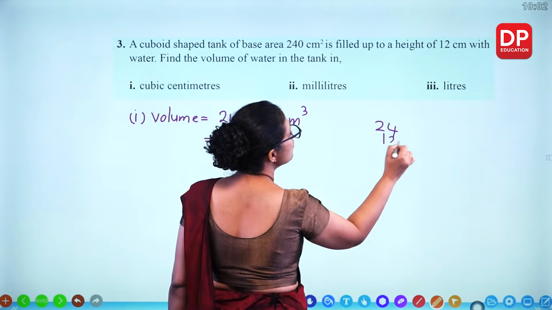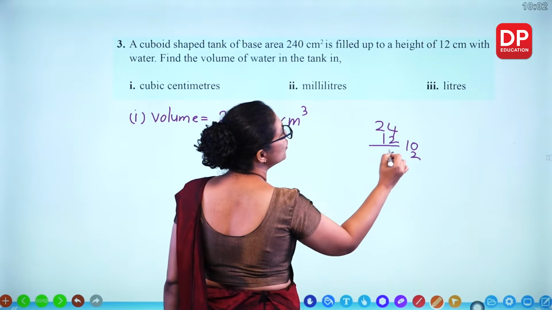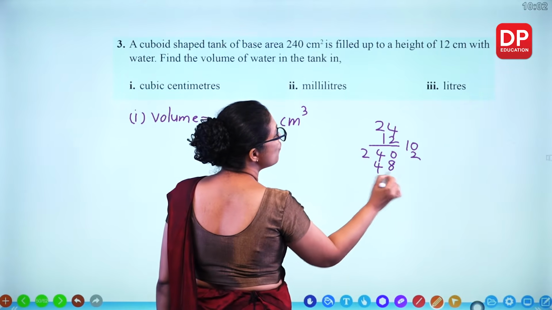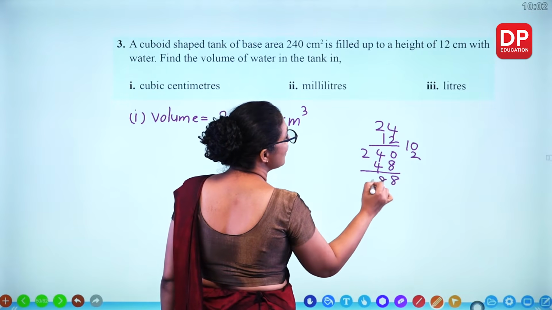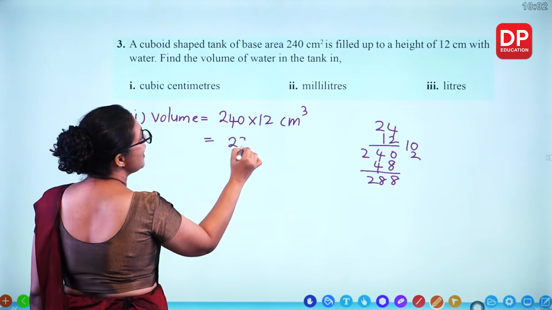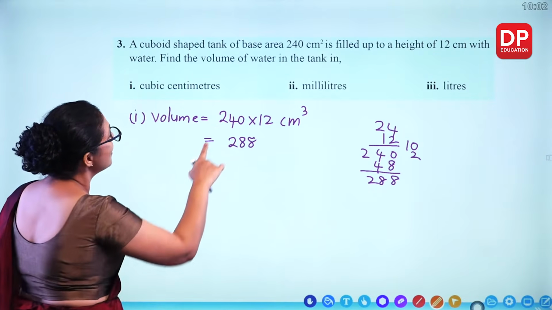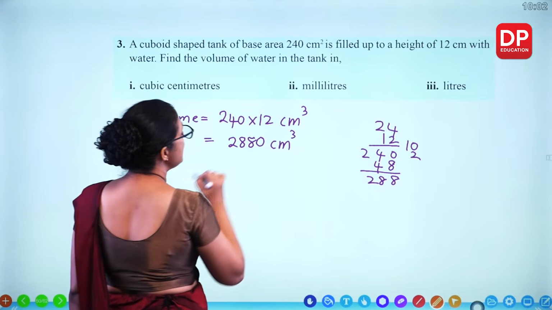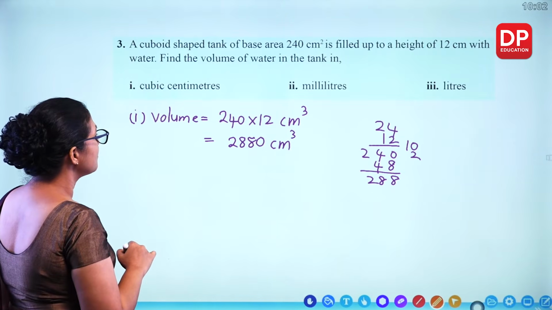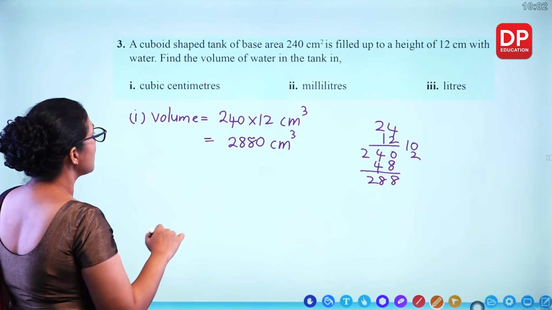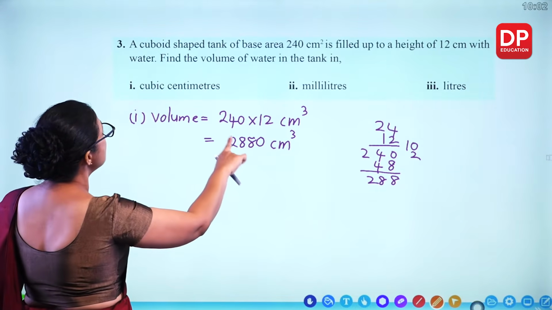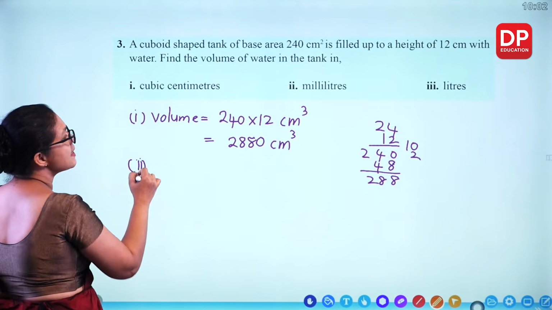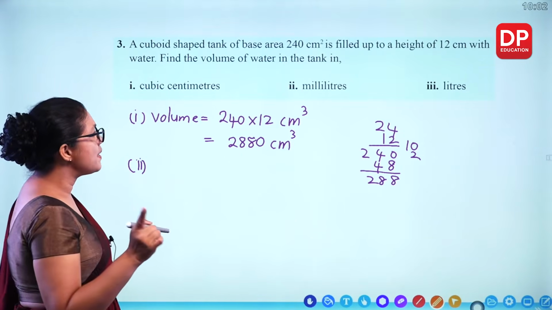24 multiplied by 12, 10 and 2. So 4 and 2. 2 times 4, 8. 2 times 2, 4. So 288 and put a 0. Cubic centimeters. And then this is in cubic centimeters. Convert to milliliters. Milliliters is the same as cubic centimeters.